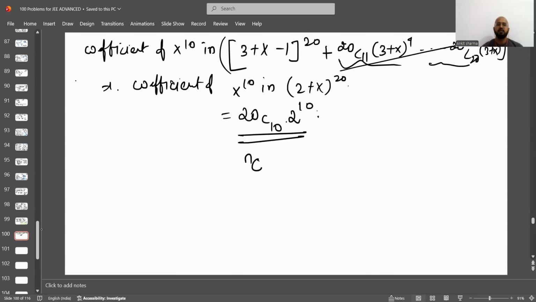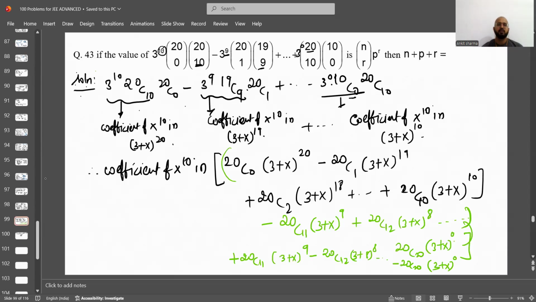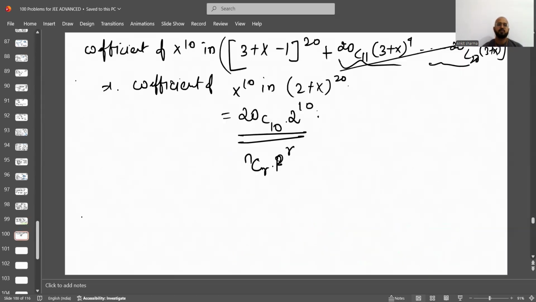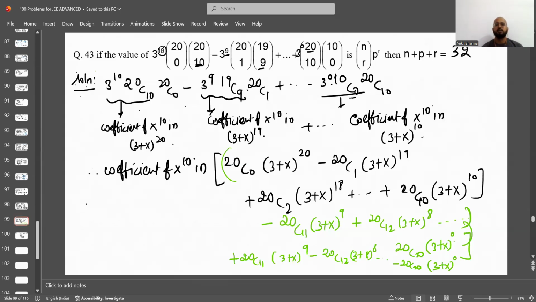So nCr p^r. If I compare with the given thing, it's nCr p^r. So we get n is equal to 20, p is equal to 2, and r is equal to 10. So adding all of these will give me 20 plus 10, 30 plus 2, 32. So the answer would be 32.